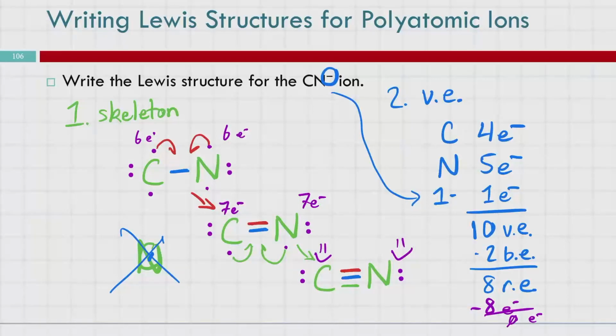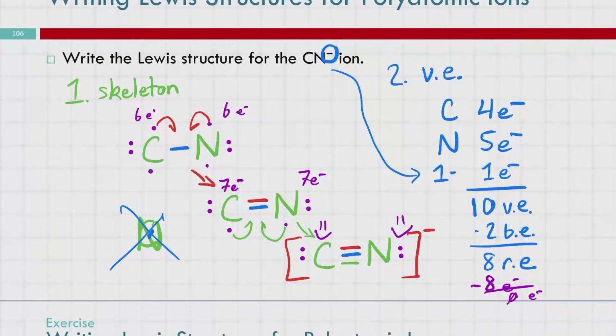And to show that it's charged, we need our brackets around the whole thing, and we need the minus in the top right corner, that one negative charge. Now are we done? Yes, we're done. That's the complete structure for the cyanide ion.